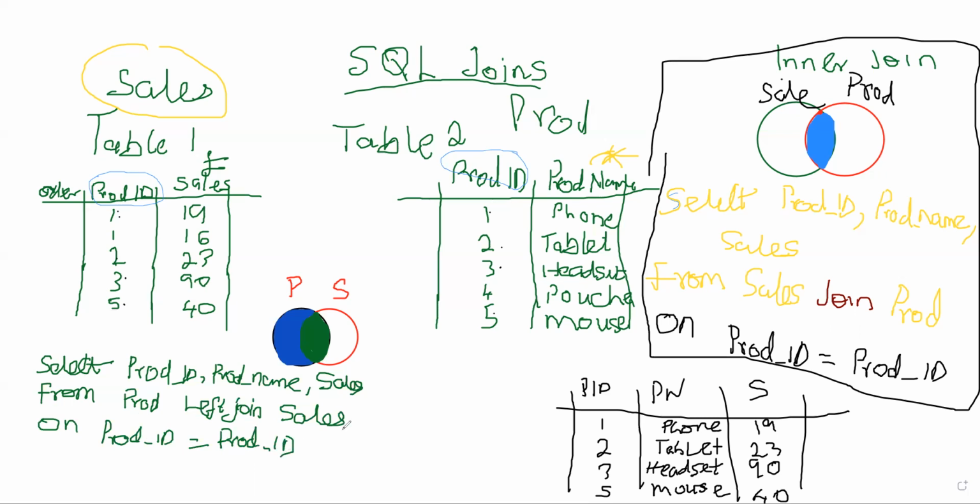So what happens here? Let me write it here, let me pick another color. We have the product ID, we're going to abbreviate it, we have the product name, we have the sales.